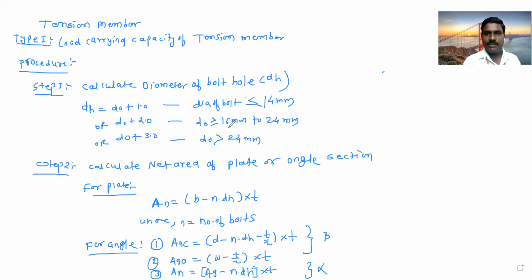Yes, there N is there. Please correct this. N into DH is there. And actually, please correct the formula: this bracket is only for this, Ag minus (N into DH) into T, like this.